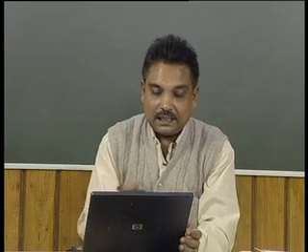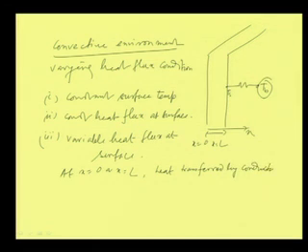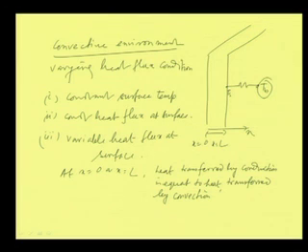Variable heat flux means that at x equal to 0 or x equal to L, heat transferred by conduction is equal to heat transferred by convection from the surface to the environment.